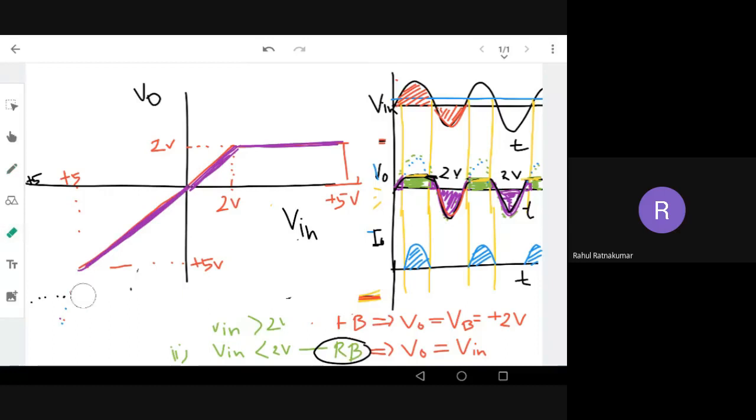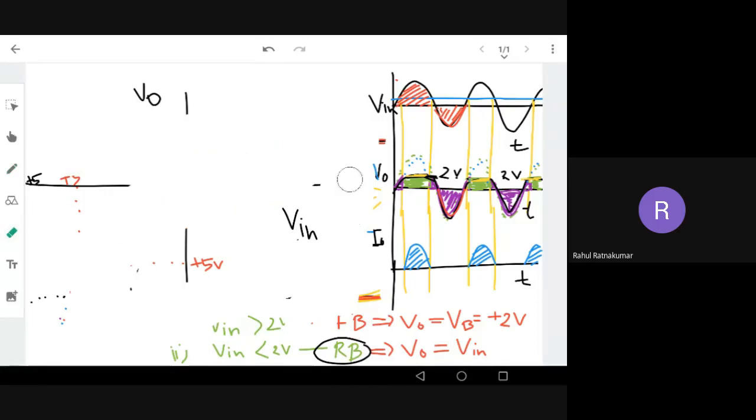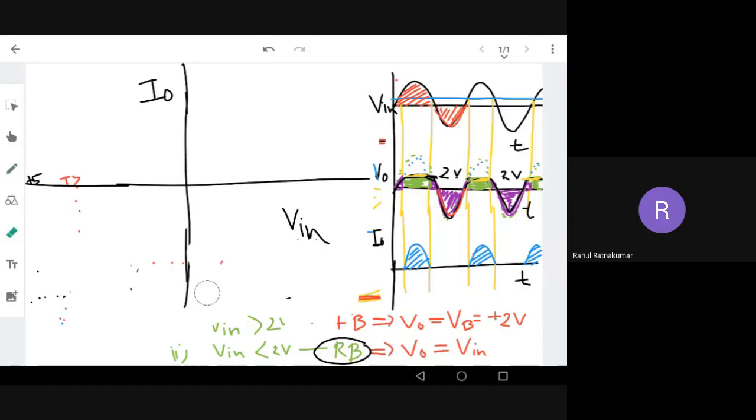Now we'll go for I out versus V in. So what will be I out versus V in? Okay, so this is V in, and this is I out. Now you can see the graph of I out. I out comes only after V in has crossed 2 volt. You can see V in has crossed 2 volt here, right?